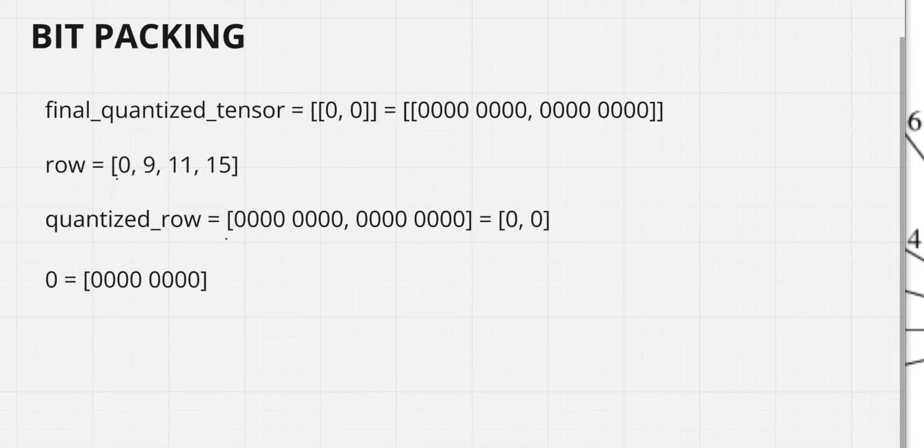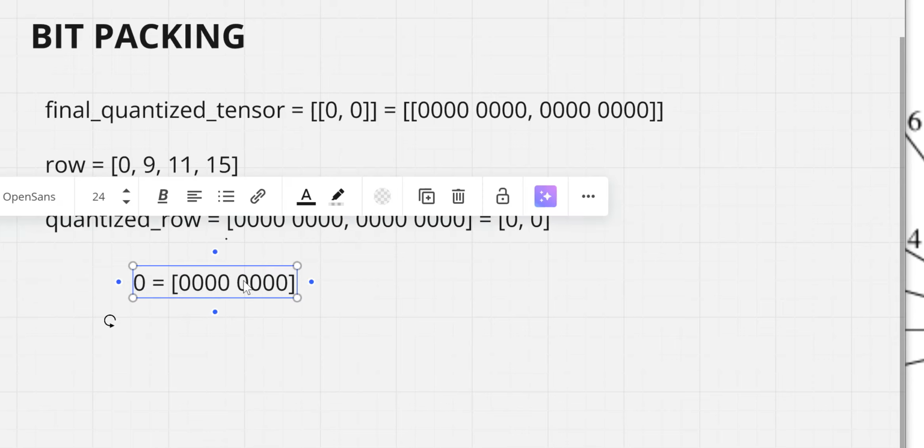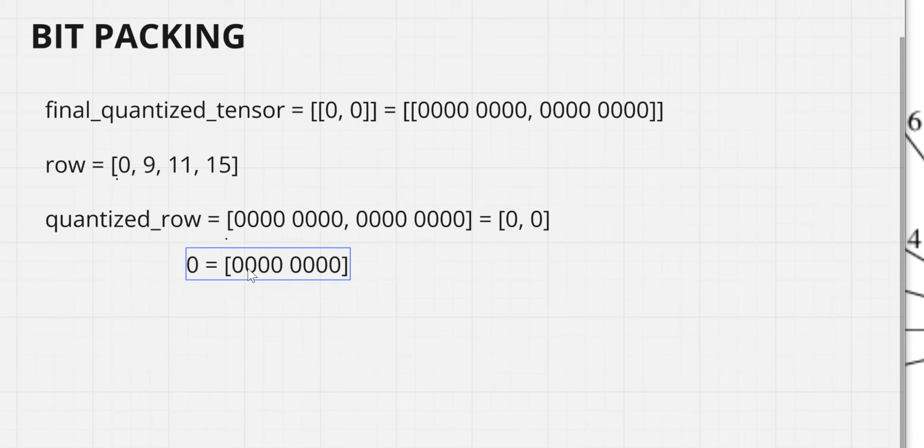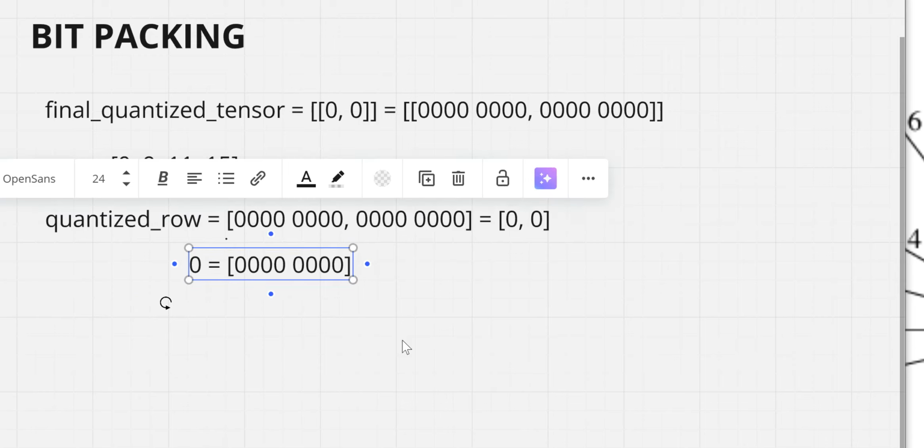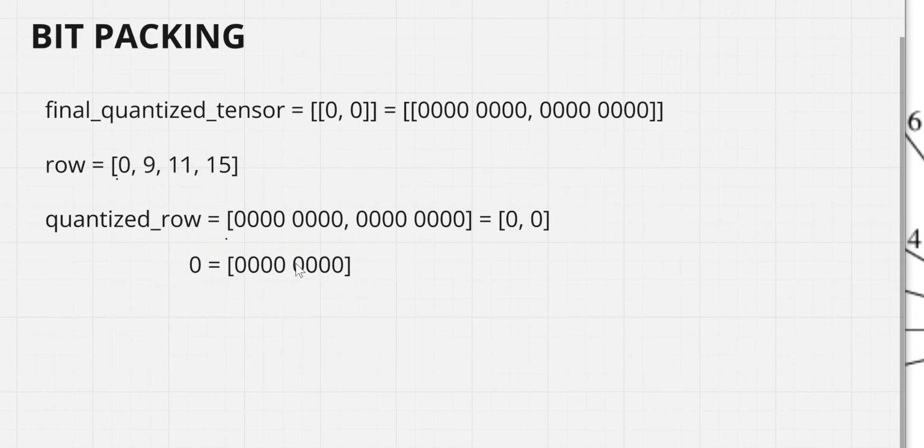We're going to start with the number 0. Now the number 0 represented as a bit array is just all zeros, right? And we're not going to do any bit shifting on 0, because remember we want 0 and 9 to be packed into here.